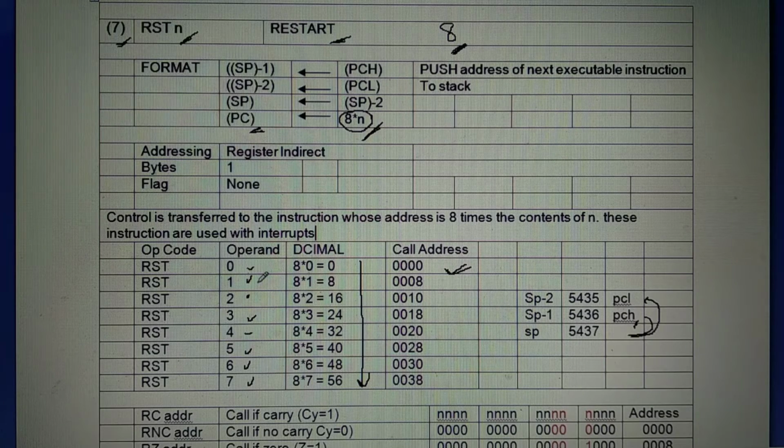For RST1, the program is to be transferred to a memory location, and from that location the program is to be executed. 8 multiplied by 1 becomes 8.